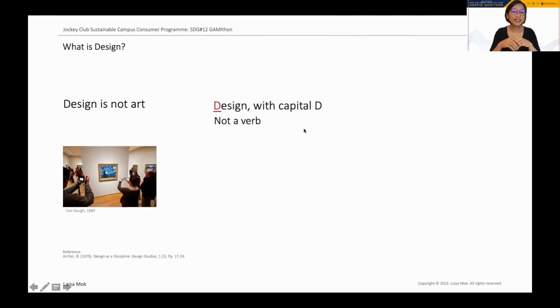And then the second one is design with capital D. It's not a verb. What I mean here is, sometimes I hear people saying that I design a program or I design a business. Definitely they are without design knowledge, but they are planning, they are conceiving an idea, or making a plan for the business.